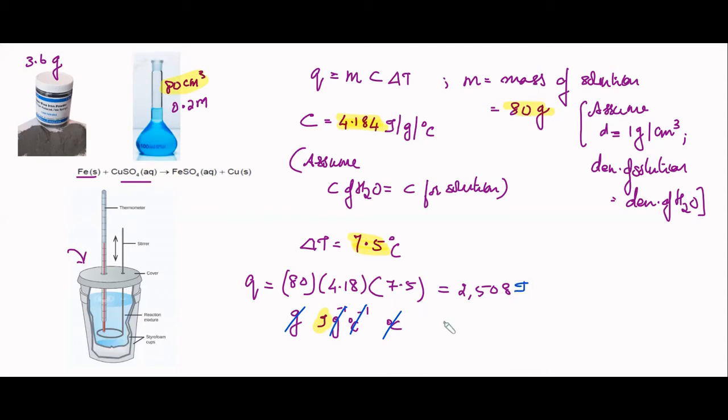So the unit is going to be 2,508 joules, which I'm asked to write as kilojoules. The question is specifying us to write in kilojoules. So that would be 2.508 kilojoules, or if I'm rounding it off, I'll be getting it as 2.5 times 10 to the power 3 joules, that is 2.5 kilojoules. So we've got the heat that is released during this reaction.